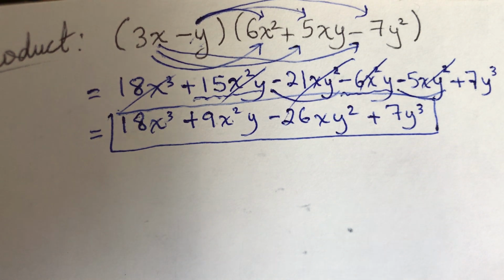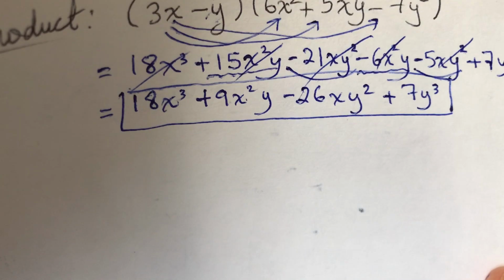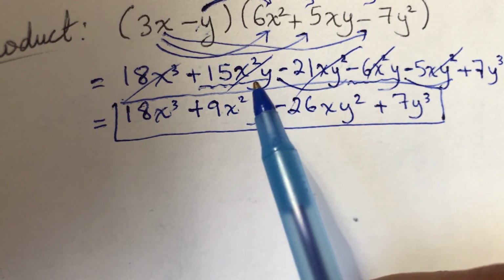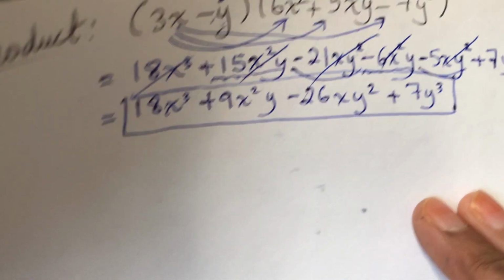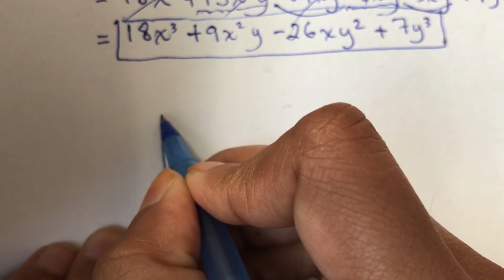Okay, let's say if you want to check your answer, you can definitely use the box method. So here we have a binomial times a trinomial, so you can make either a 2 by 3 box or a 3 by 2. What does that mean? So a 2 by 3 box would look something like this.